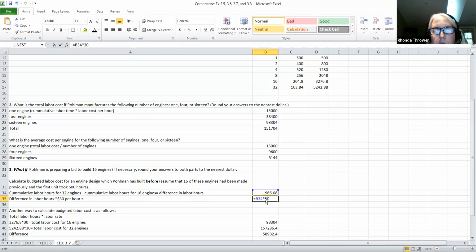And that would tell you that the total labor cost is $58,982.40. Again, we get that by taking the difference in labor hours, which is 1966.08, and multiplying it by $30, and that will give you $58,982.40, which is your budgeted labor cost to produce those extra 16 engines.